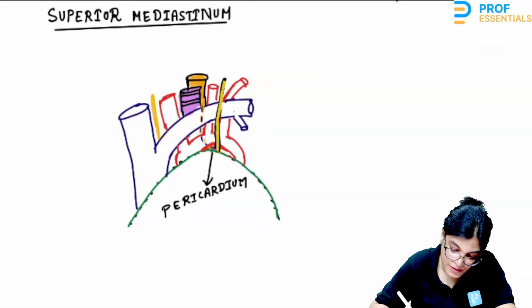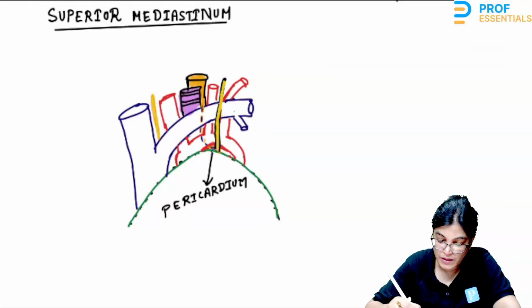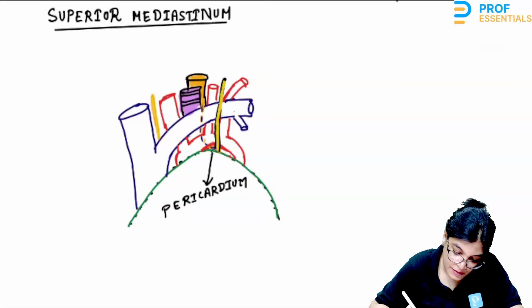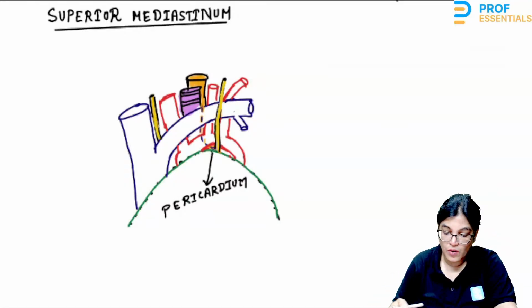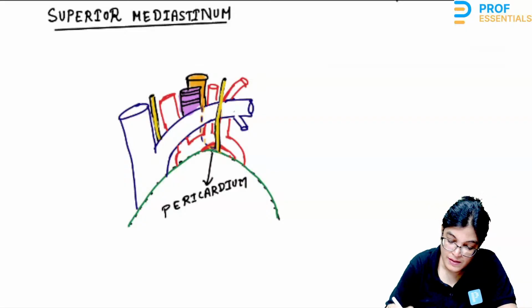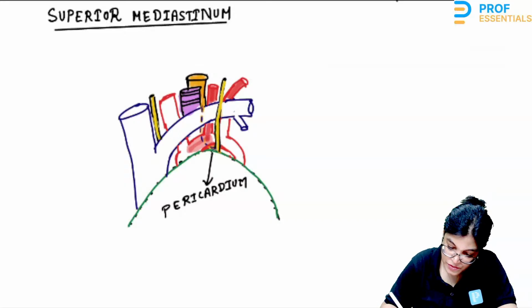This is the nerve, this is the nerve, and this is the looped nerve. Done. Now, these are the arteries which I have drawn. This is all the arteries which I have drawn.